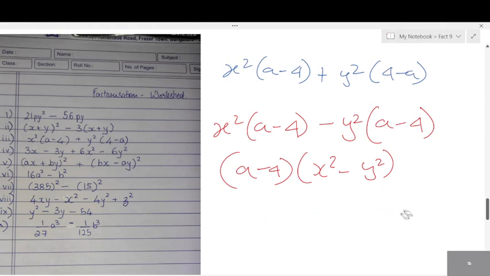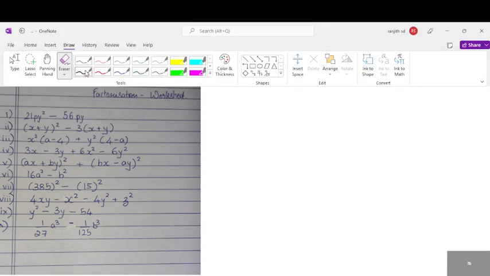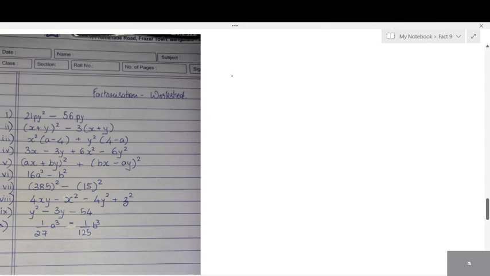Right, next question. 3x minus 3y plus 6x square minus 6y square. What is common in the first one, students?